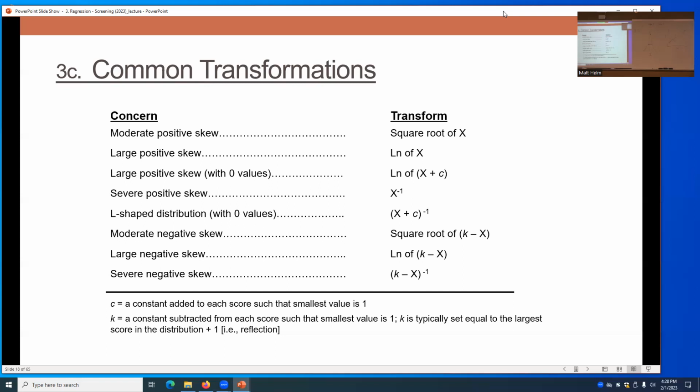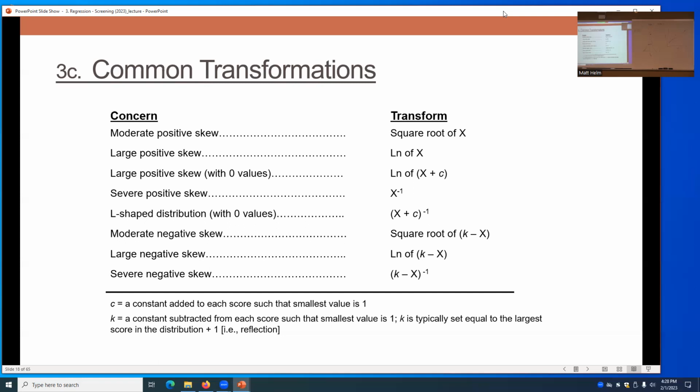If I've got a large positive skew with 0 values, we've got the natural log of your value plus some constant, right? I can't take the log of 0 because it's undefined. It's like trying to divide by 0. You can't get anything, so you'll just end up with a bunch of missing values.